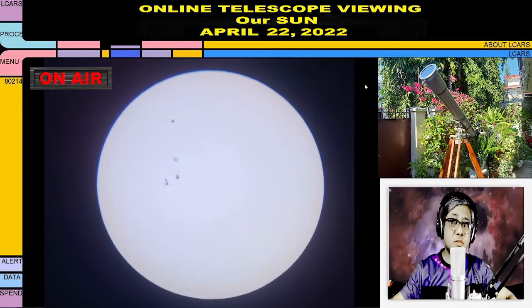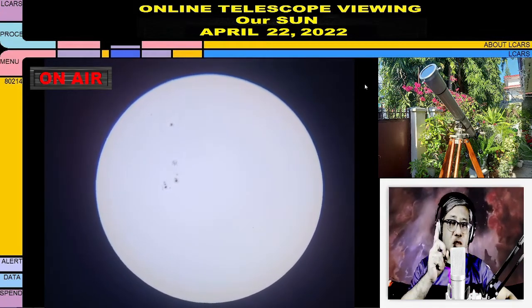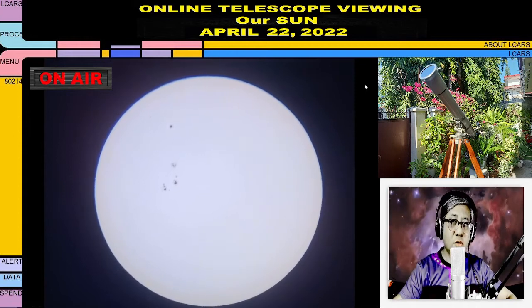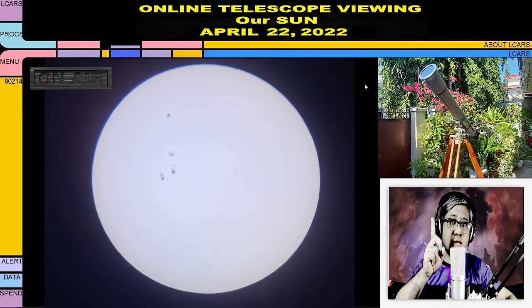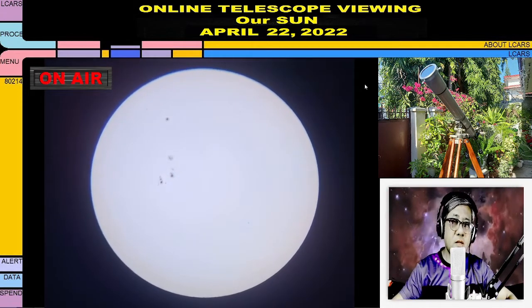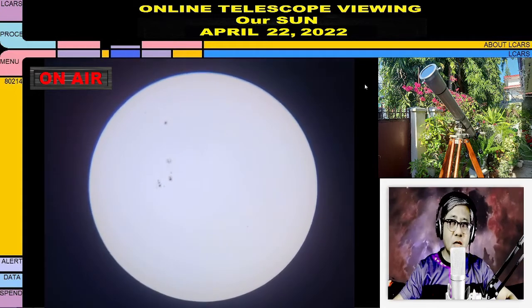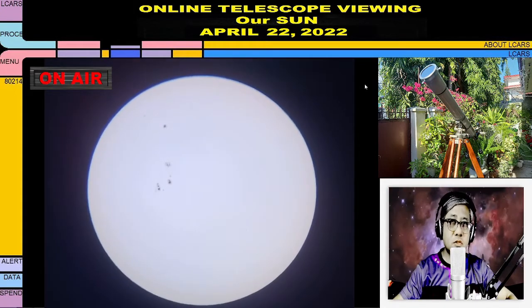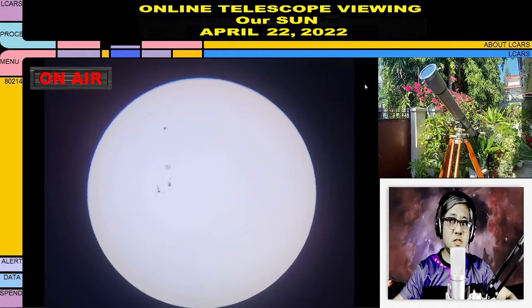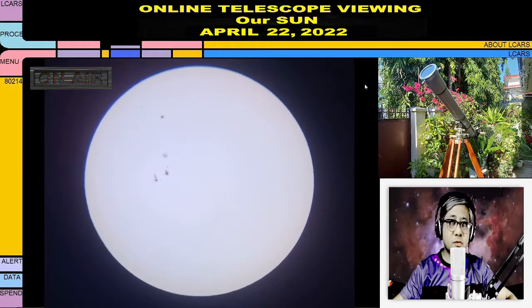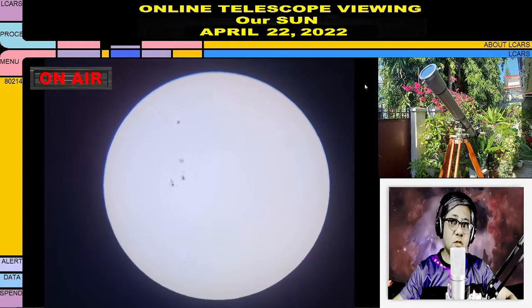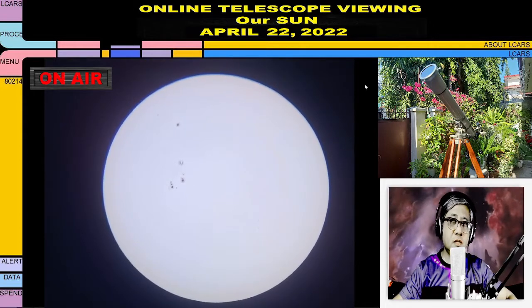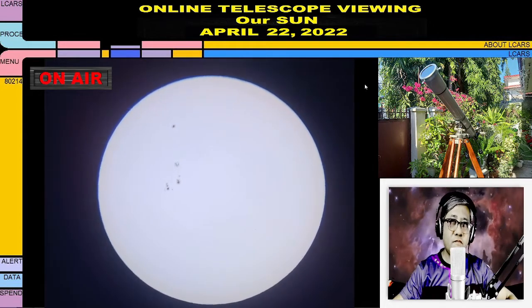And again mga ka-spacers, ito po yung telescope na ginamit ko for our solar imaging today. So this is a Vixen Custom 80mm refracting telescope. Kung mapapansin po ninyo sa harapan ng objective lens niya ay may solar filter. That is a Baader solar filter so that I can observe the sun safely.